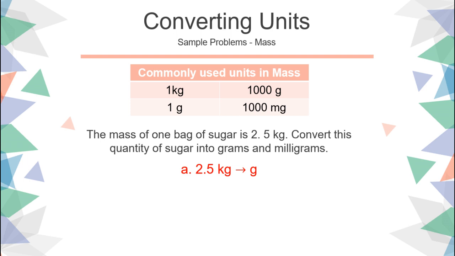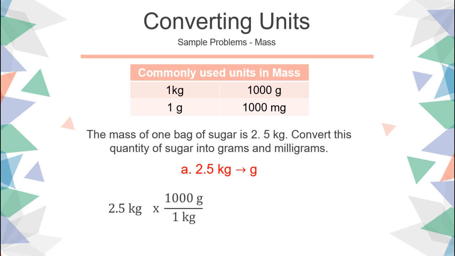What we are going to do first is write the given. The given is simply written as is. Then we multiply it with what we call the conversion factor. Where does it come from? We look at the table given on top.